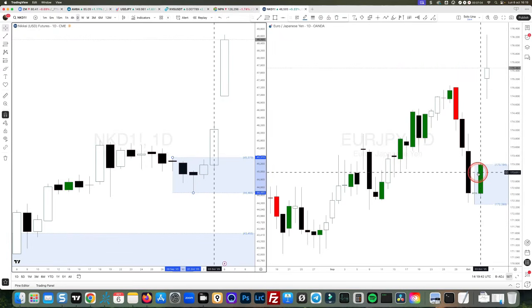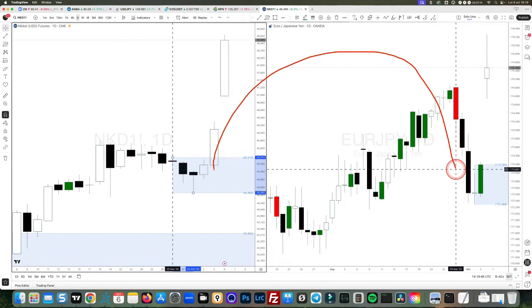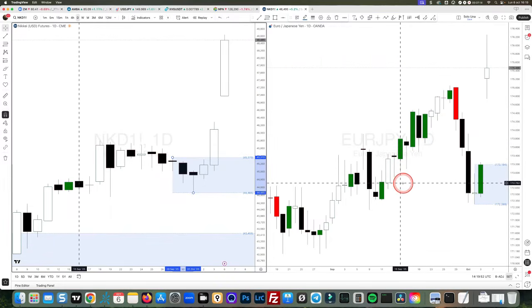So what happens is that when this happens on the Nikkei, it is automatically transferred to the other Japanese cross pairs in the Forex market.